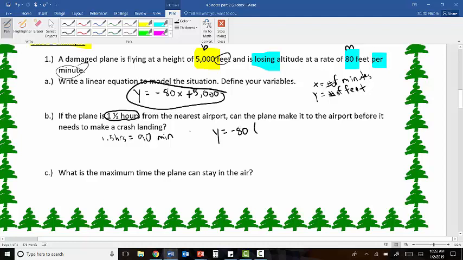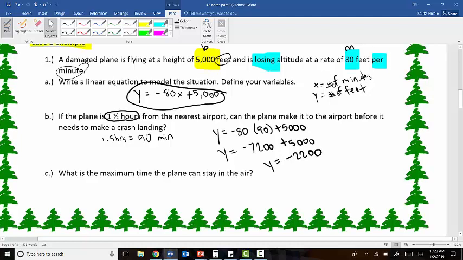I'm going to put 90 in for x because x is minutes. I'm going to add 5,000. So when I do that, I get negative 7,200 plus 5,000, which is negative 2,200. And since we used minutes, we get feet out of it as our answer.